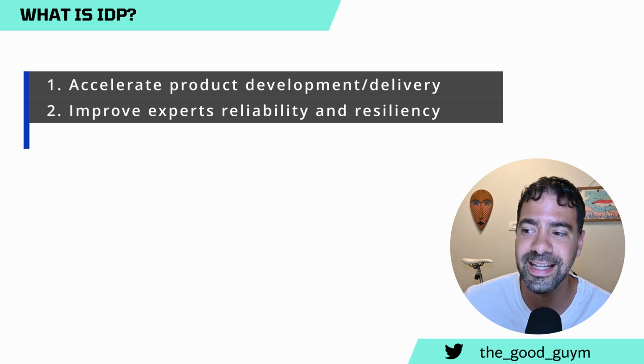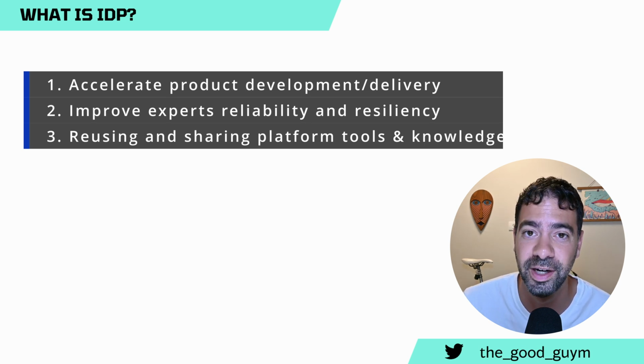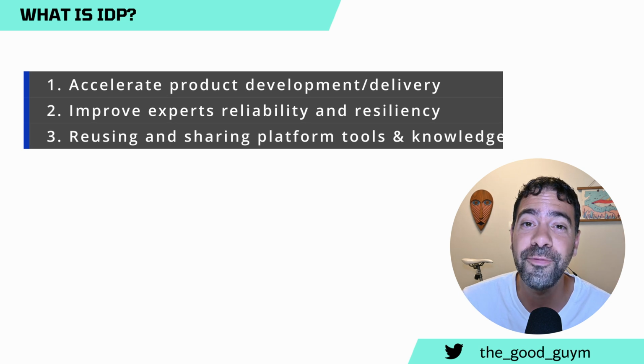The third thing is accelerating product development and delivery by reusing and sharing platform tools and knowledge across many teams in an enterprise. What is nice is that in an enterprise, sometimes 5 or 10 different teams are actually developing the same service with the same functions in it.